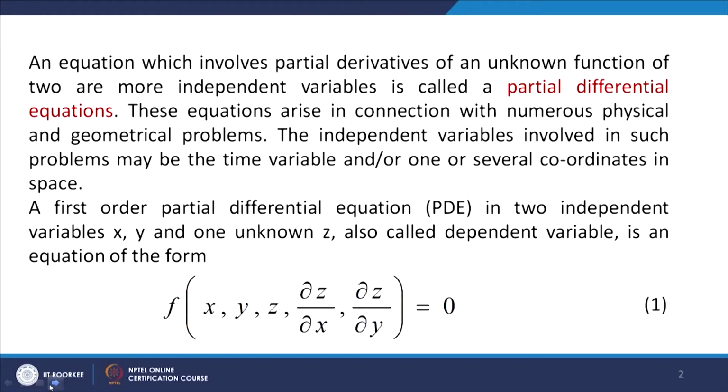The independent variables involved in such problems may be the time variable and/or one or several coordinates in space. A first order partial differential equation in two independent variables x, y and one unknown z, also called the dependent variable, is an equation of the form f(x, y, z, ∂z/∂x, ∂z/∂y) = 0.